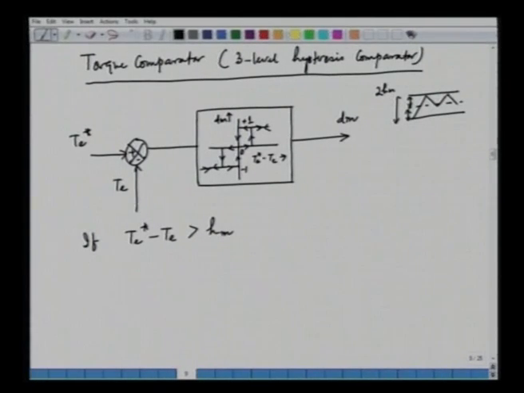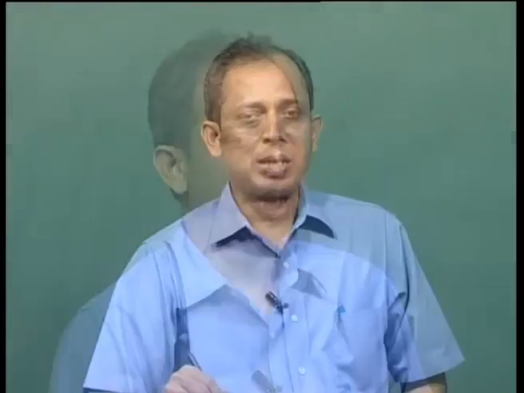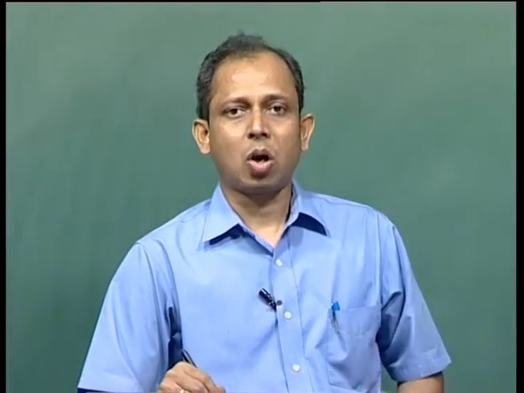So, if T e star minus T e is higher than H m, then the torque status d m is equal to 1. It means the reference torque is becoming more than the actual torque, or in other words the actual torque is coming below the reference torque by more than an amount of H m, and hence the torque has to be increased.